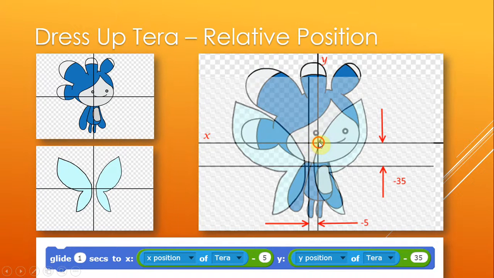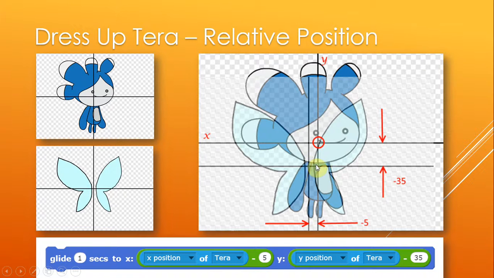If we ask where the X relative position of the wings to Tera is, it's -5 to get to the same X position of the wing. And the Y is -35, below Tera. Remember, going down is negative and up is positive for Y; to the left for X is negative, to the right is positive.